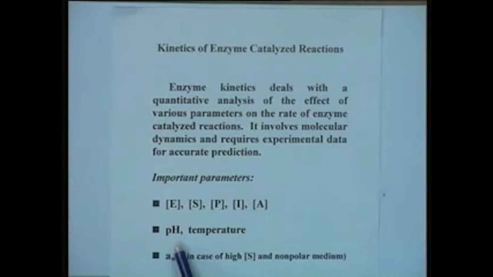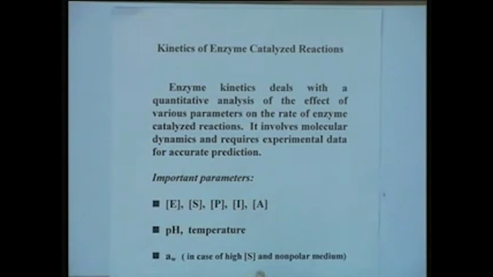But in at least two distinct cases, where we are handling very high substrate concentrations, of the order of greater than 50 or 60% weight by volume, or where we are carrying out reactions in a non-polar medium, the water activity also becomes a key parameter for study under enzyme kinetics, because it controls the rate of the enzymatic reaction and therefore must be taken into account.